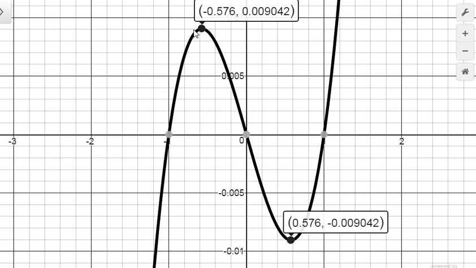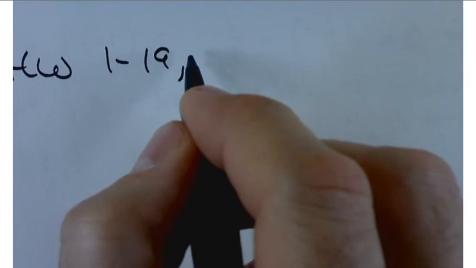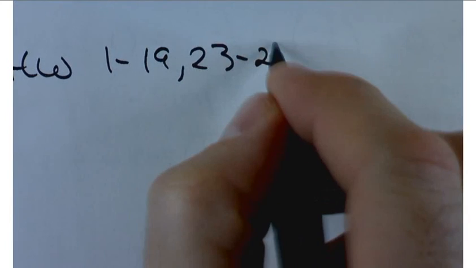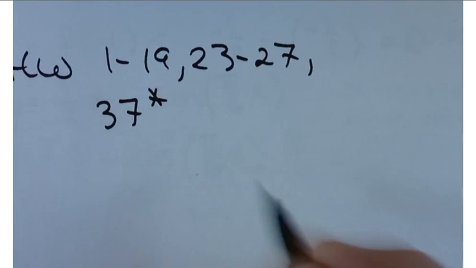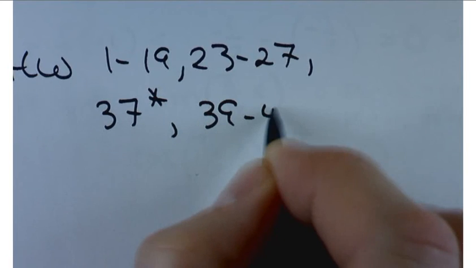For homework, try 1 through 19, 23 through 27. 37 has a star by it. I don't know what that means. 39 through 49, just the odds. And that's section 4.2.